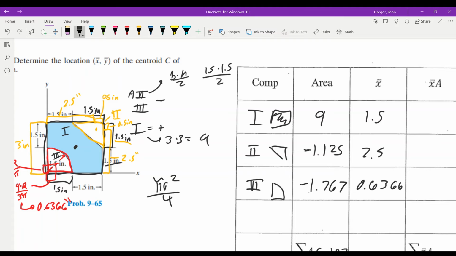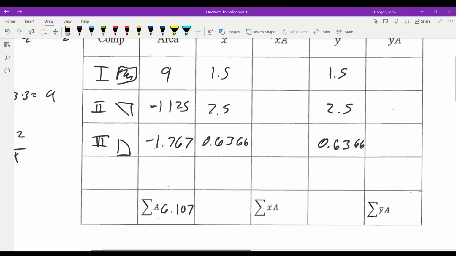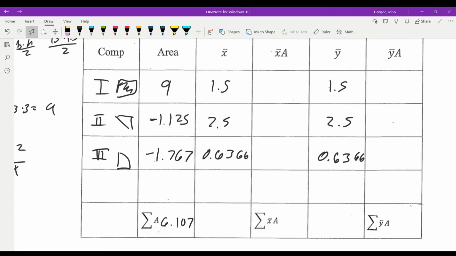The nice thing about this problem is that these all have the same values. So I'm only going to solve for one, which means my x bar and y bar will be the same value. I'll go through the steps solving for x bar. We have 9 times 1.5, which gives us 13.5. Then we have 1.125 times 2.5, which gives us a negative 2.812.